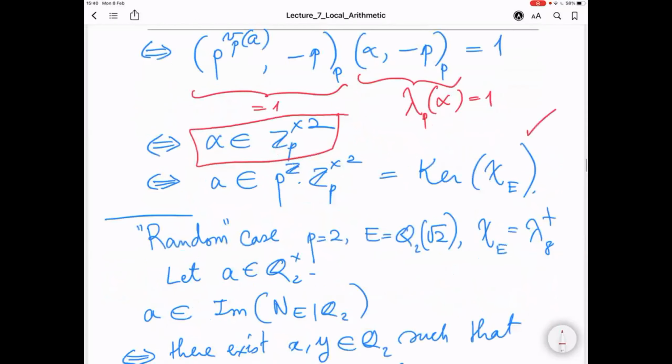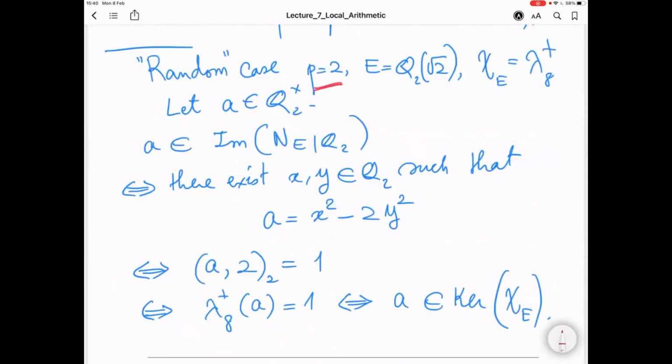So one final case, let's take p equal to 2. Let's take this quadratic extension, and the quadratic character corresponding to this quadratic extension was this lambda 8 plus. So for an A in Q_2 star, we have to check that it's in the image of the norm map.